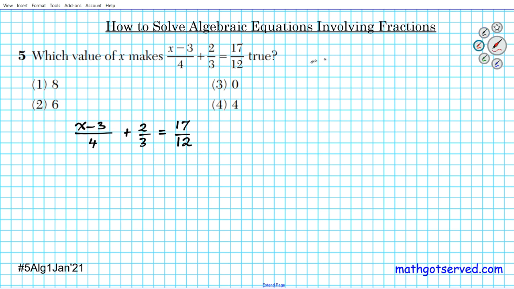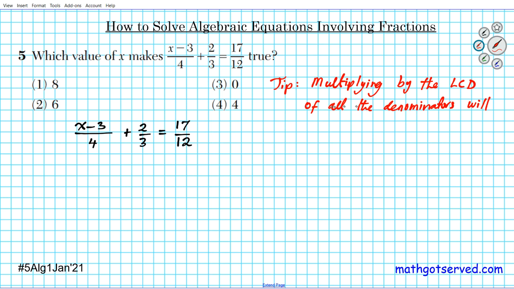Well, let's go over a tip to help you with this. When you have an equation involving fractions, multiplying by the LCD, the lowest common denominator of all the denominators, will eliminate the denominators.